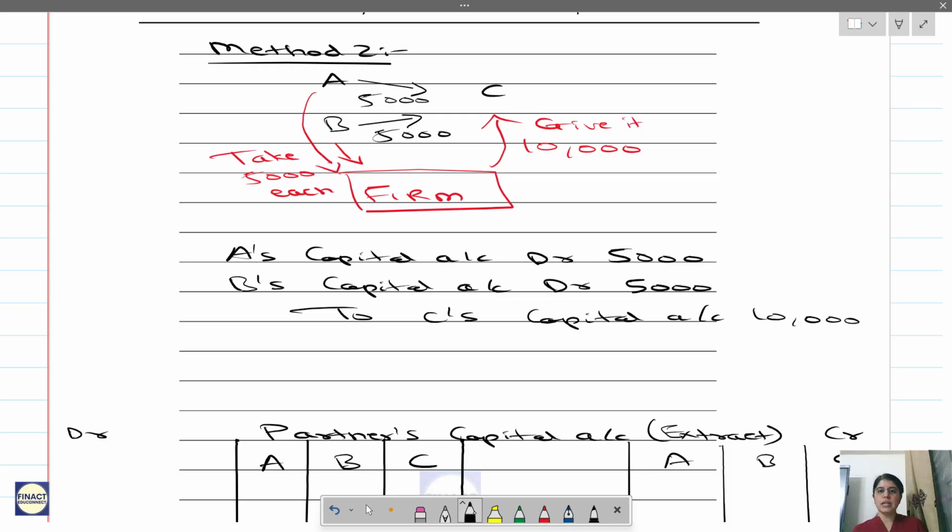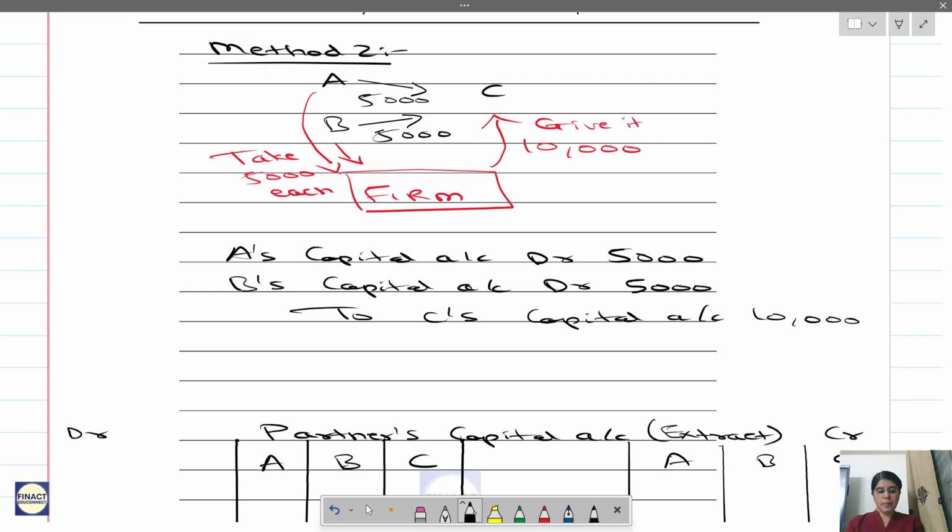It's the journal entry. Why is C's capital account credited? Given to the partner. So when the firm takes something from the partner, debit capital account. When the firm is giving something to the partner, credit. So in other words, when the firm's liability towards the partner increases, credit. When the firm's liability towards the partner decreases, debit.